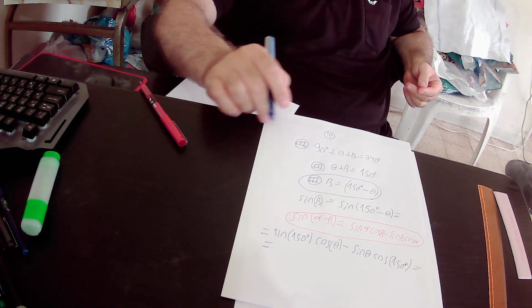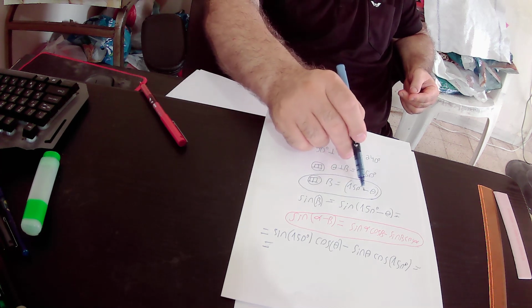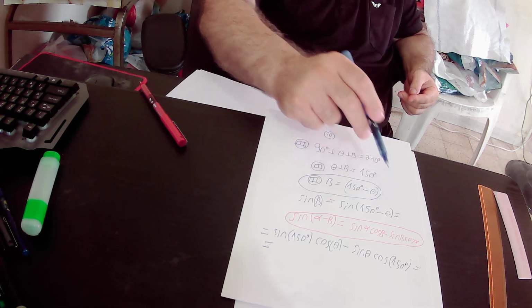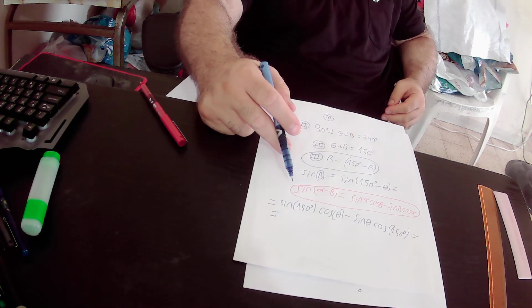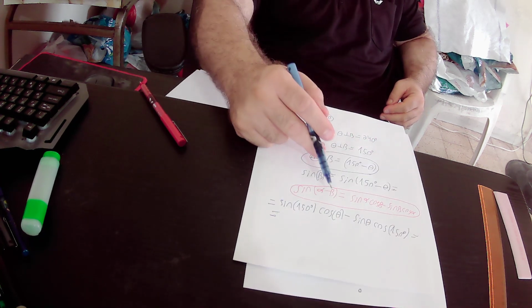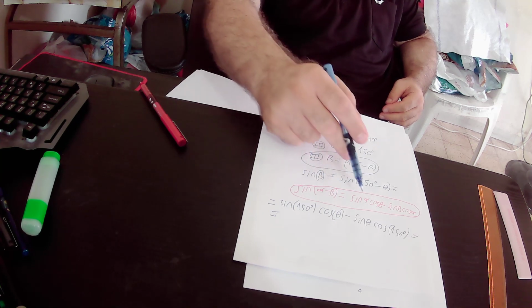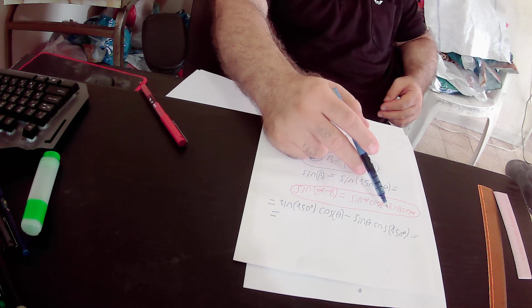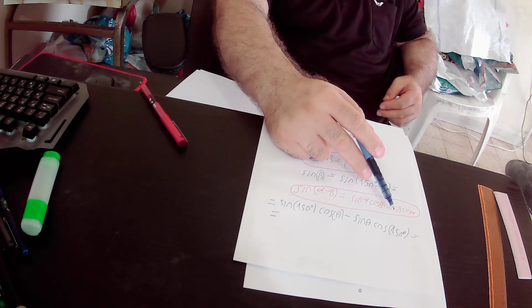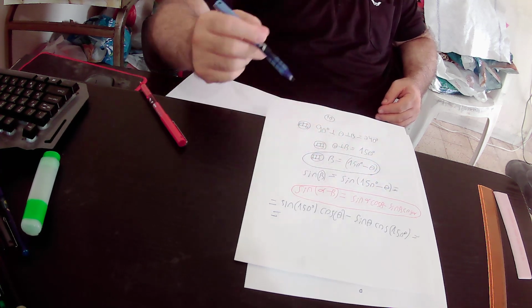We got that sine of 150 degrees minus theta equals sine 150 degrees times cosine theta minus sine theta times cosine 150 degrees.